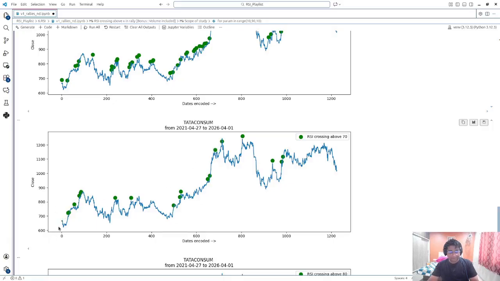It's either a rally or a top when the RSI is crossing above 70. These are tops, this is a rally, tops, and a rally. Okay.